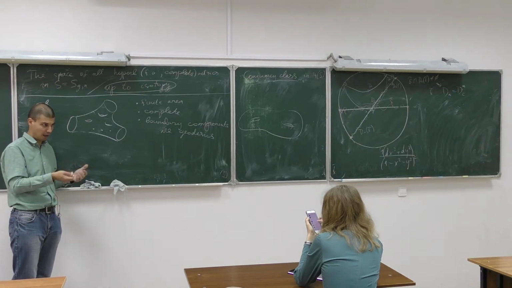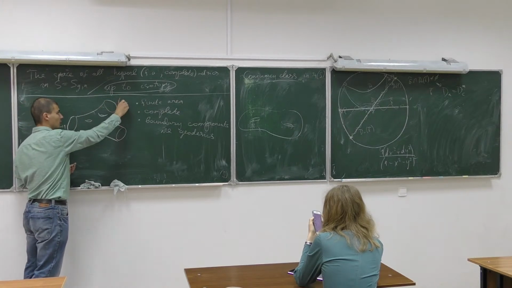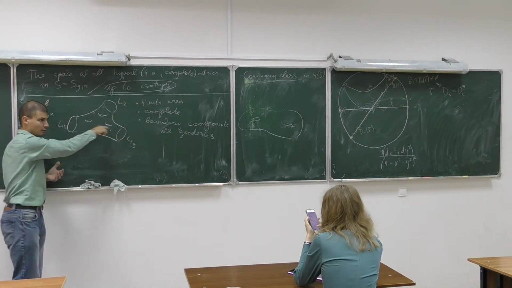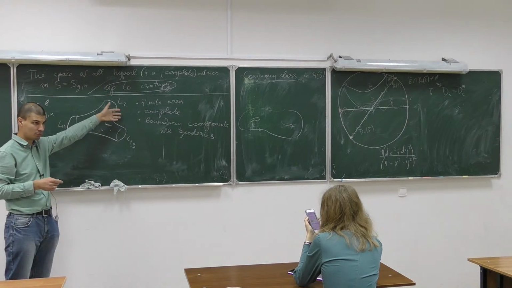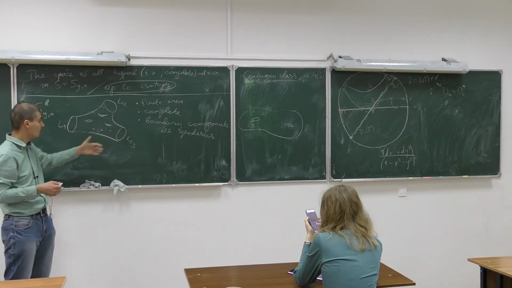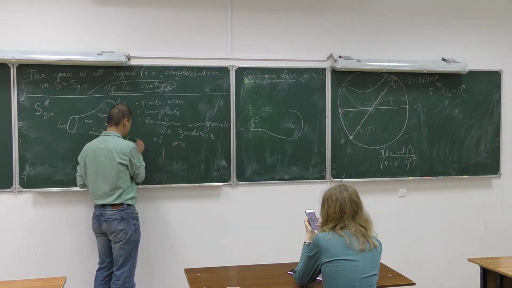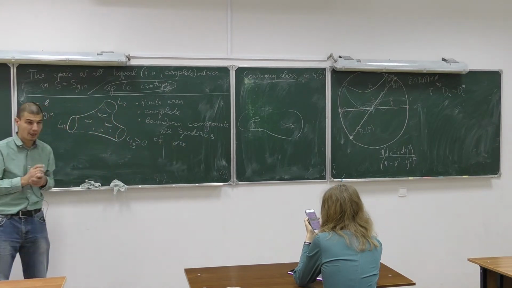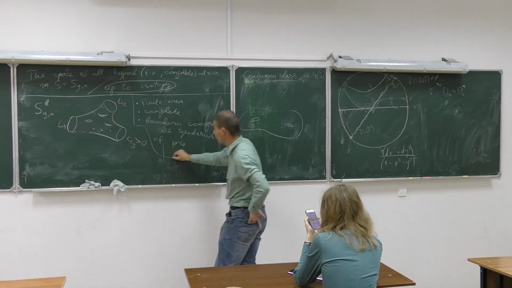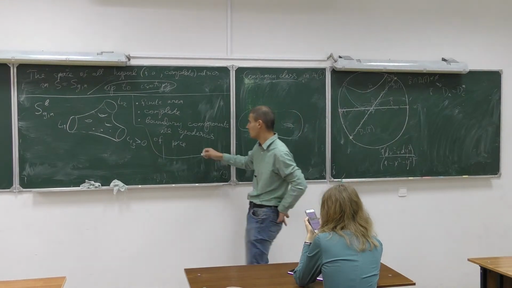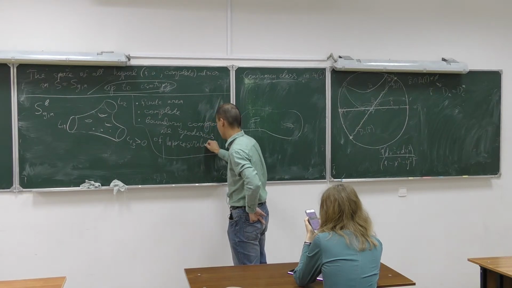So I assume these lengths to be additional data. So I am given not only a surface, but a surface with b numbers. B is the number of boundary components, and these numbers are assigned to the boundary components of this surface. These numbers must be strictly positive, and I would like to study only such metrics that are finite area, complete, and boundary components are geodesics of their prescribed lengths.